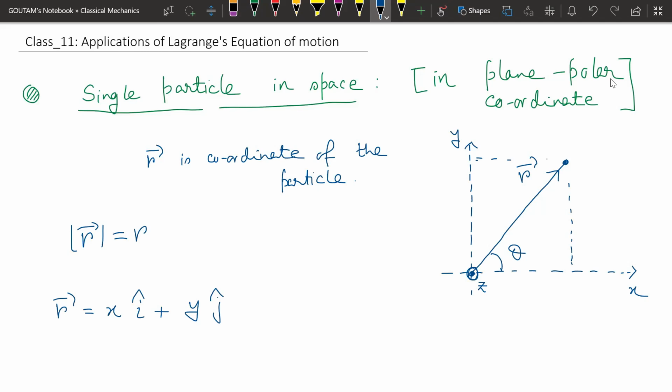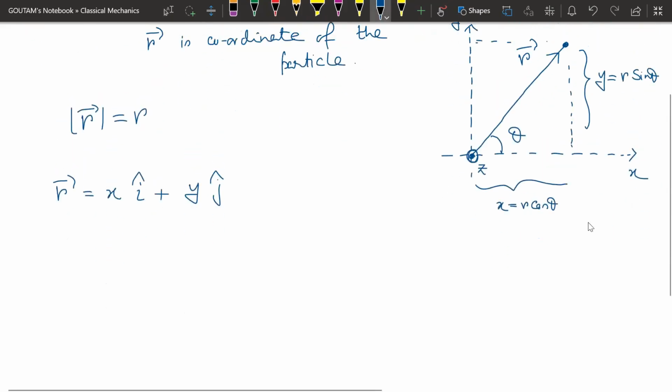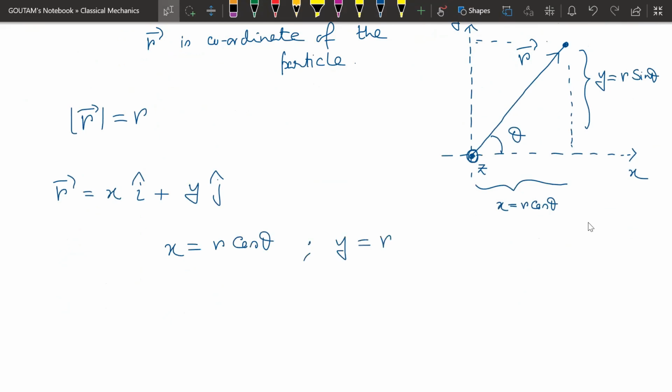Then x is r cos theta, and y is r sin theta.